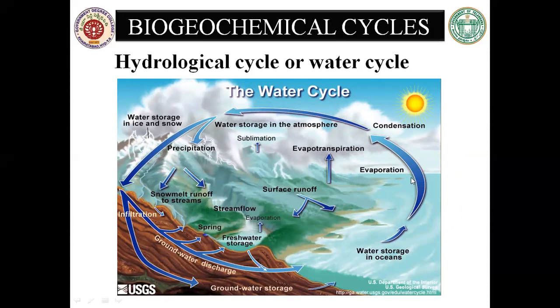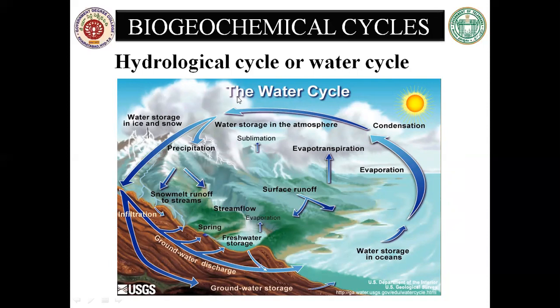So evaporation takes place from all the water bodies on the earth. It may be oceans, seas, rivers, anything. Transpiration takes place from plants, and when the water reaches the atmosphere, it will be condensed in the formation of clouds.